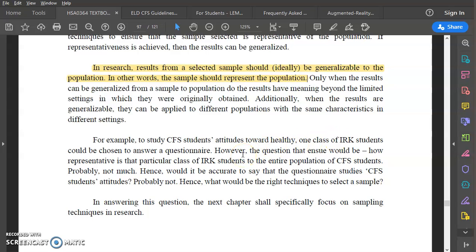Based on the findings, does that sample represent the whole CFS community? So what do you think? The discussion on chapter 8 will answer all these problems. So see you in chapter 8. Thank you very much.